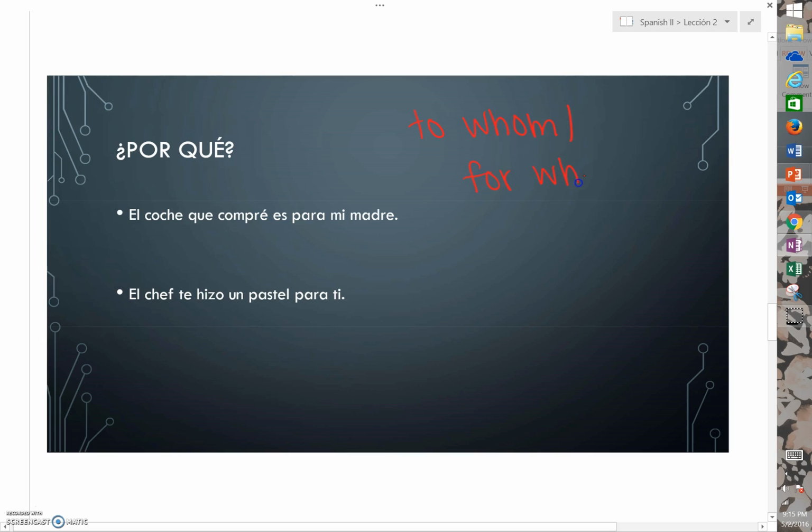That little phrase should be triggering some warning bells in your head. Remember, if we're expressing to whom or for whom, that's also known as an indirect object. So we use para to express an indirect object or the recipient of an action.